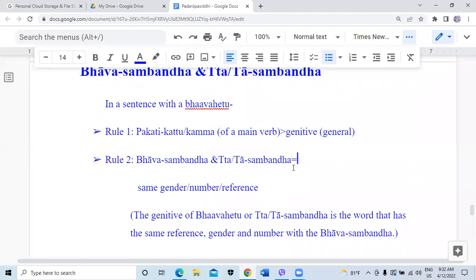That's why the first rule is general, or we can say for beginners. The second rule is exceptionally true. This is for advanced Pāļi students.